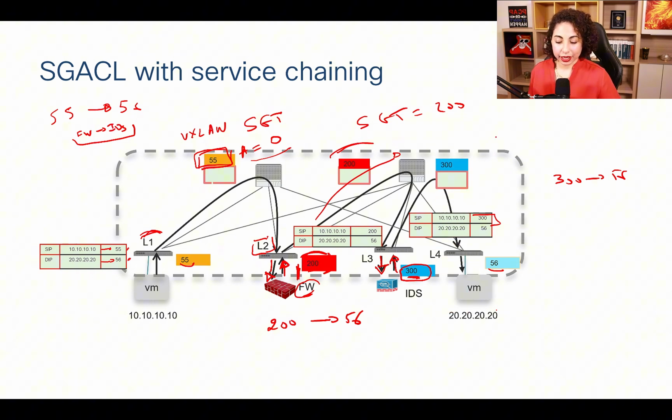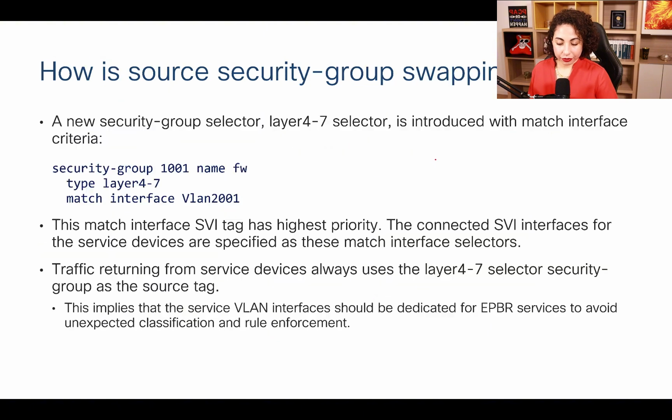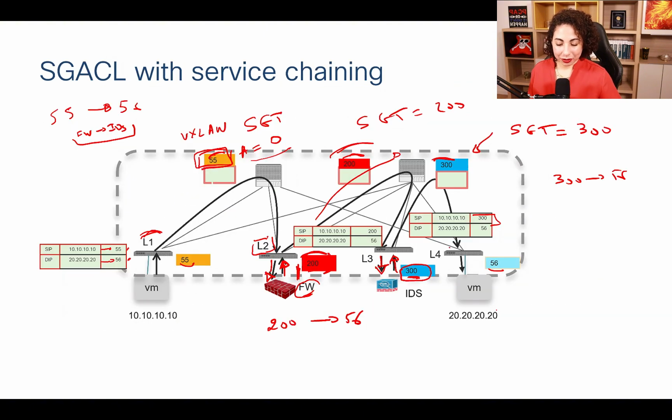So again, I guess now you start understanding how all the pieces of the puzzle fit together. In the VXLAN header, in the SGT field, now the tag is 300. So we swapped it two times. In the beginning, it was 55, then it became 200, then it became 300. And finally, when it reaches Leaf 4, we are saying, okay, from 300 to 56, just permit the traffic.